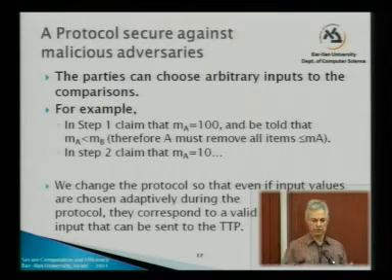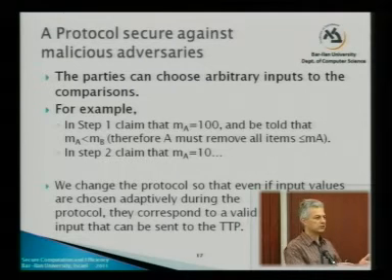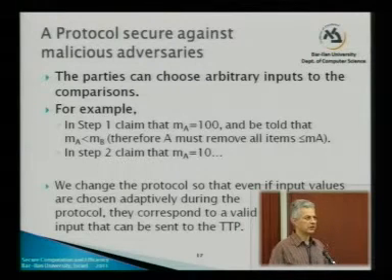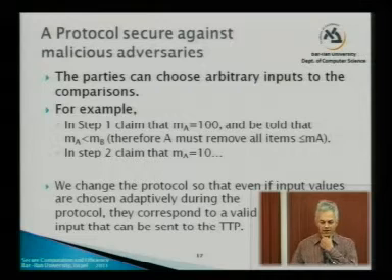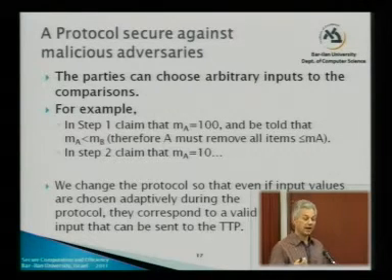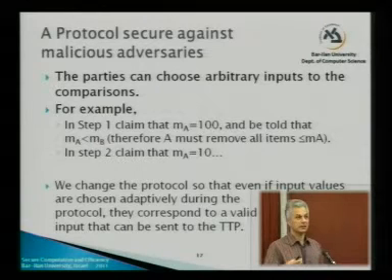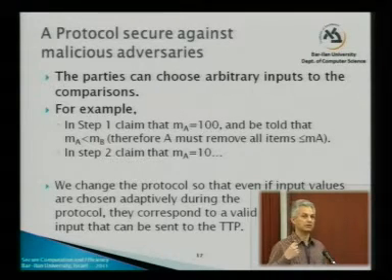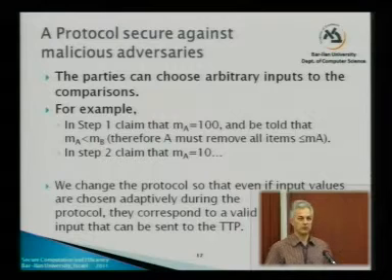If she has to remove all items smaller than 100, she reports a median of size 10. So we don't want this to happen. Basically, we have to check at every step that Alice and Bob provide inputs consistent with what they had in the previous rounds of the protocol.